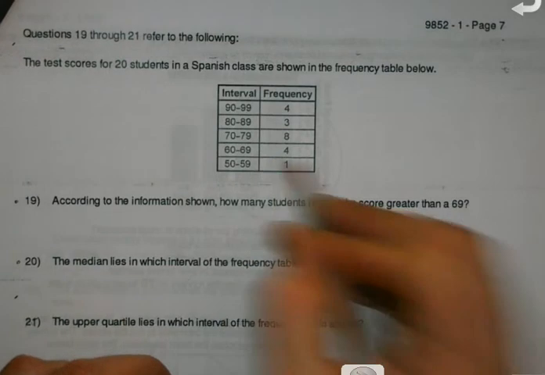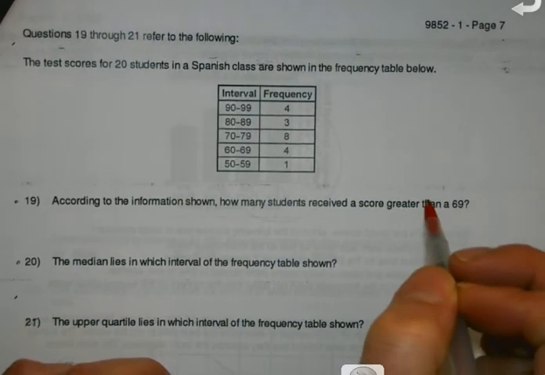All right, we have 20 students in a Spanish class, with frequencies of their test scores. According to the info, how many students got a score higher than 69? Which groups would be included in that?